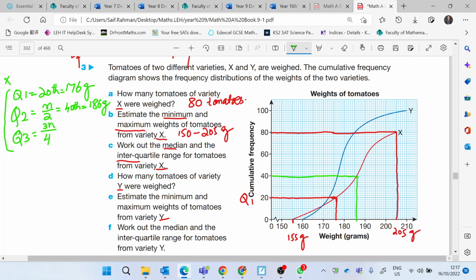Okay, so this gives us the 60th one, and the 60th one is here. 191.